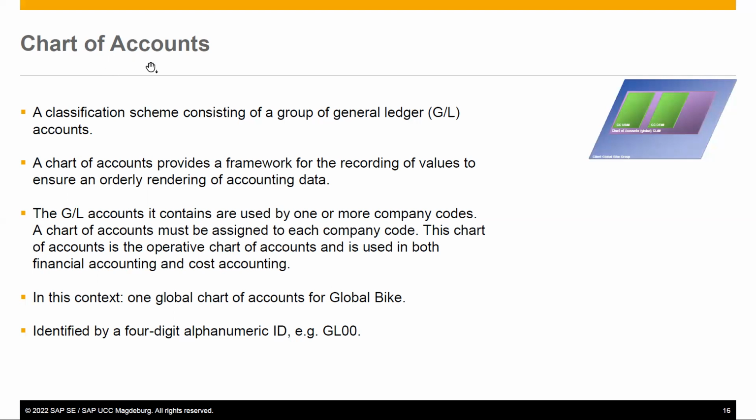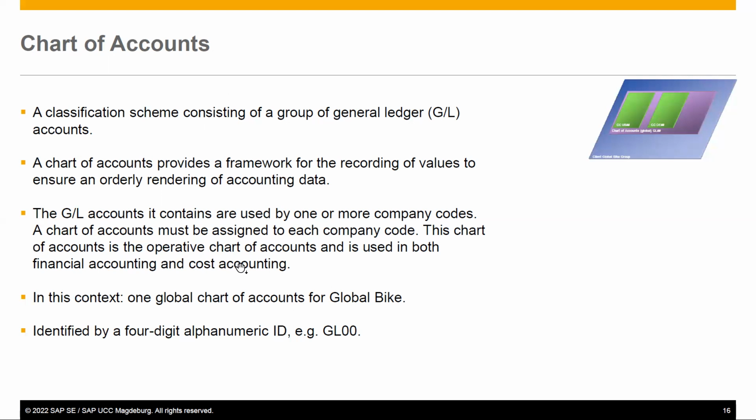We have a chart of accounts that we assign to the company code, and we call it the operative chart of accounts. This chart of accounts can be used in financial accounting and cost accounting.